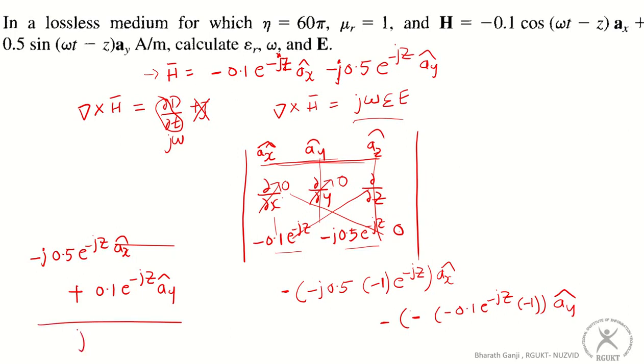So you need to divide this equation by j times omega times epsilon. For the x component, when you divide by j omega epsilon, omega is already known, which we calculated as around 1.5 times 10 to the power of 8, and epsilon is also calculated, epsilon naught and epsilon r.